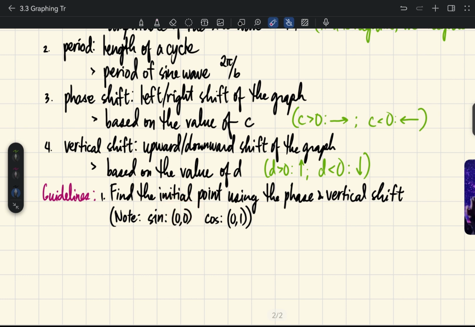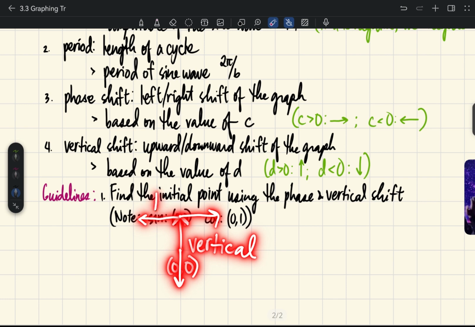Using the vertical shift, you determine if it goes up or down. And using the phase shift, you determine whether it goes left or right. So this one is using vertical shift, and this one is using the phase shift.